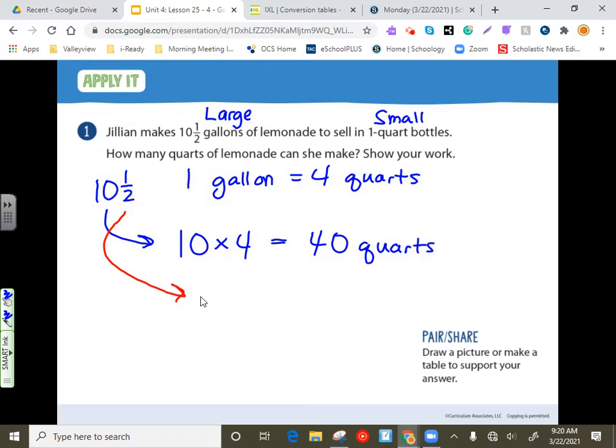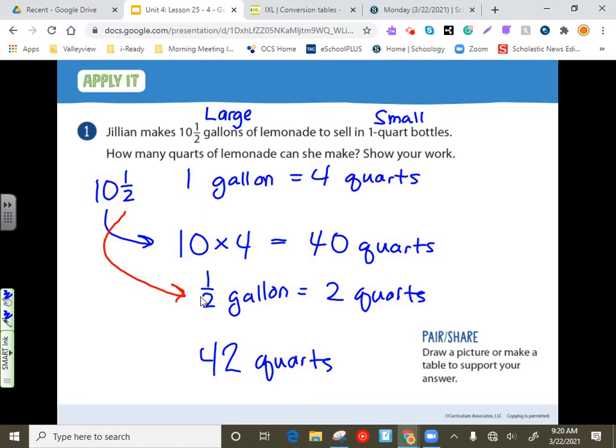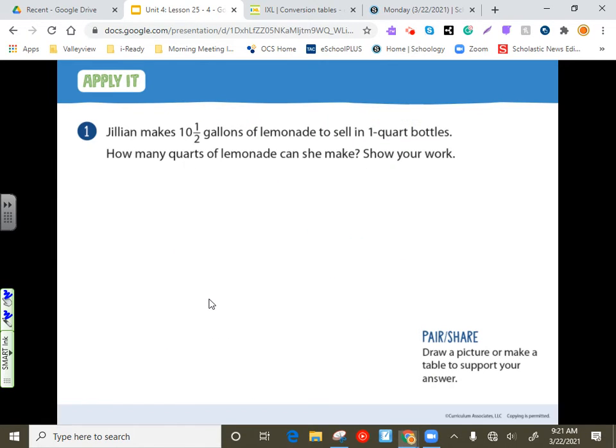And I know half of 4 is 2 quarts. So I know the total is 42 quarts. There you go. Let's turn the page.